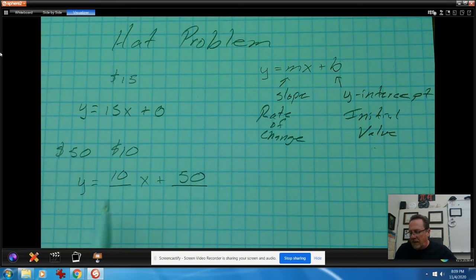However, you'll often find that these companies that charge an initial setup fee, their rate's a little bit less. That is, per item, you pay a little bit less, but you got to pay a little bit more up front. Which one would be a better deal? Well, it really sort of depends on how many we buy.